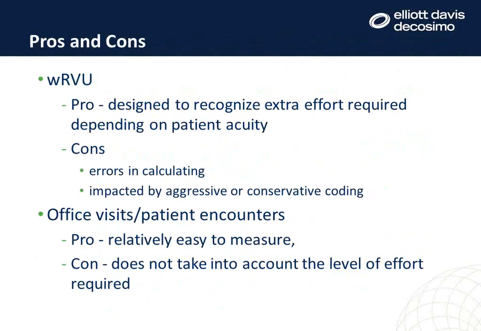As you go into RVUs, particularly with something like the E&M codes, the office visits, if you see a high degree of coding going towards the 1.4s and the 1.5s disproportionately, that will tend to overstate the RVUs, and you need to probably be reviewing the documentation that goes along with that.